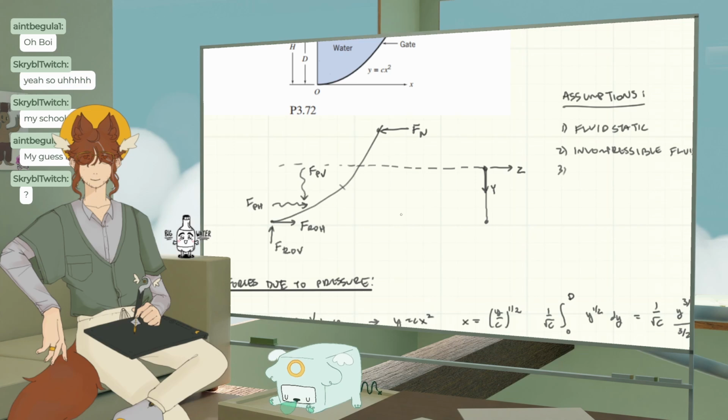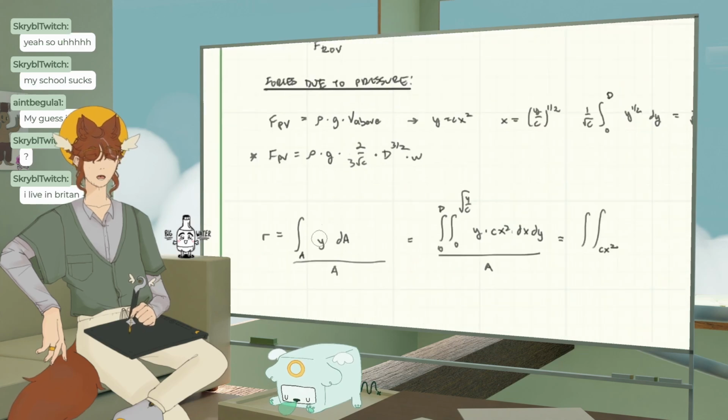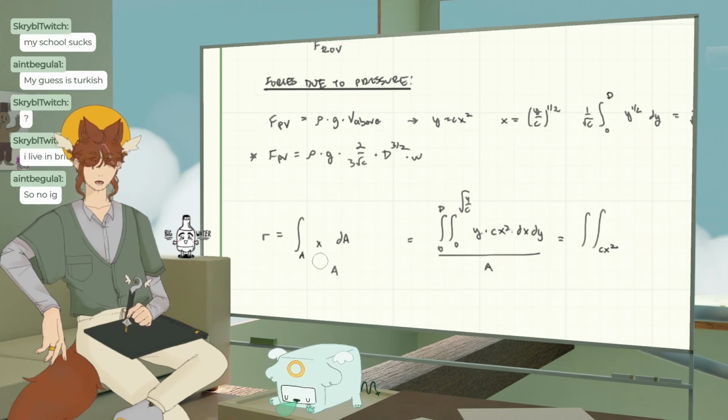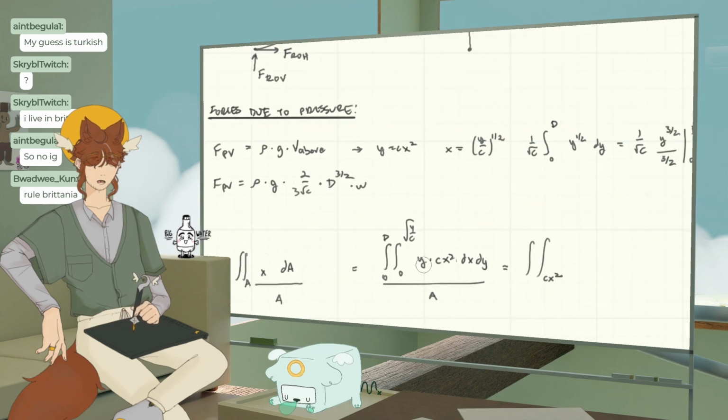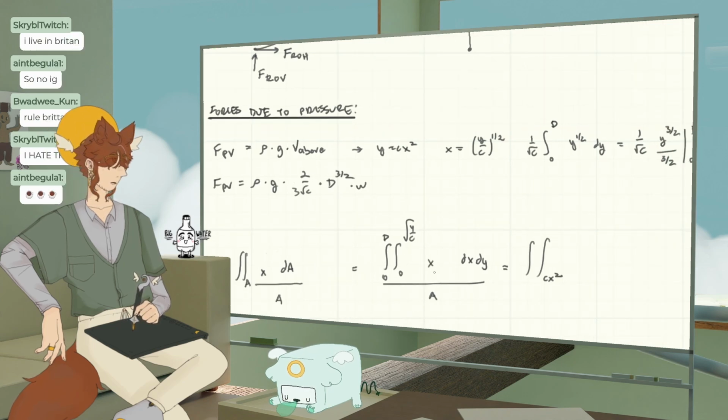Is it x? It's x dA. No, okay, wait. I just thought it's x dA over a. And then we're just changing the bounds. Instead of using the other way, we're doing this way. So we just have x dy dx over a.